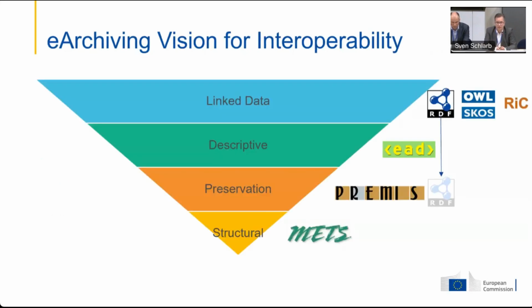E-Archiving has a vision for that. If you see this inverse pyramid, which I have shown before, we are at the moment very much looking at the structural interoperability, which is the bottom of this pyramid. It's the least complex one. Still, it's very important because this lays the foundation, the basement of the whole building that we need to build, and we want to go up to preservation, descriptive, linked data.